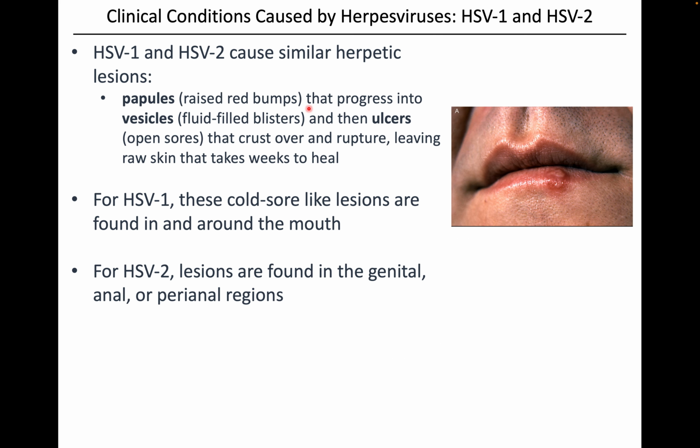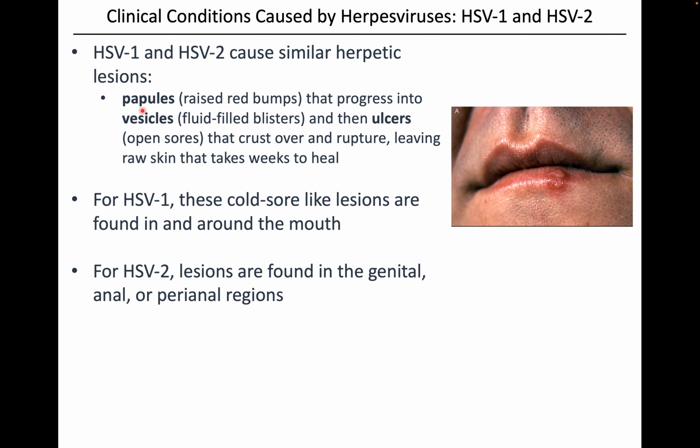And you may be familiar with these. So these cause oral herpes, HSV 1, and genital herpes, HSV 2, and you get basically identical lesions, just in different parts of the body. So with HSV 1 and 2, you will get bumps that start as what are called papules.